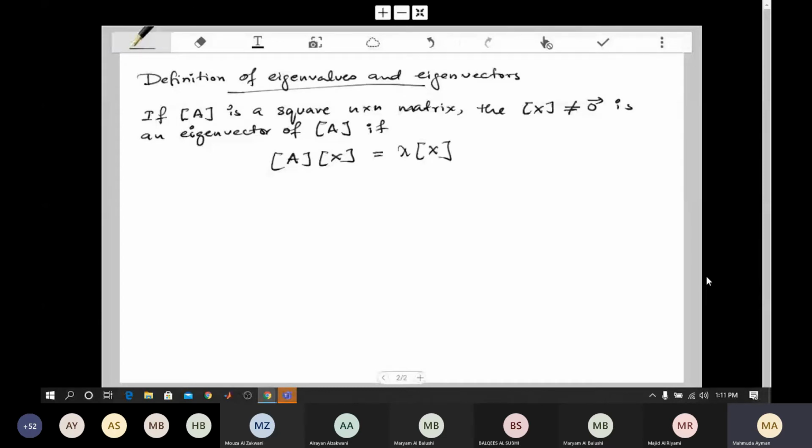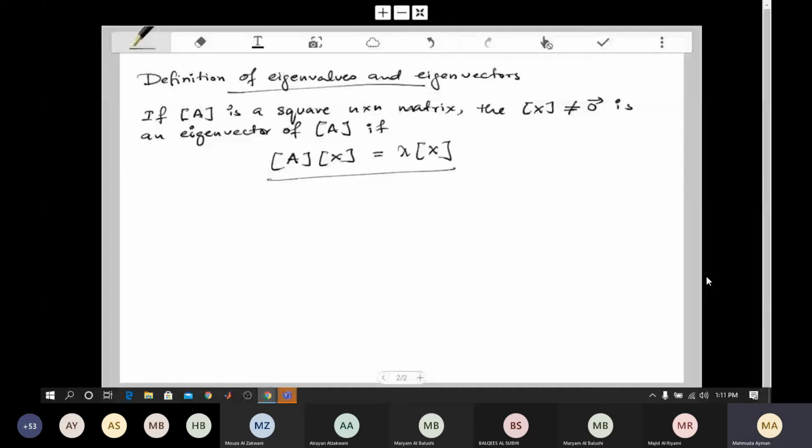So what I'm saying here is that a square matrix A has an eigenvector x if the eigenvector x is a non-zero vector, and it fulfills this condition here. All right.